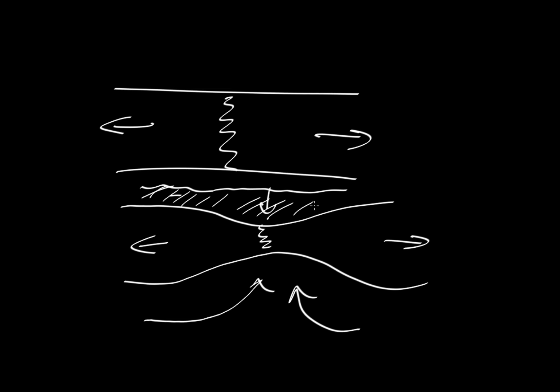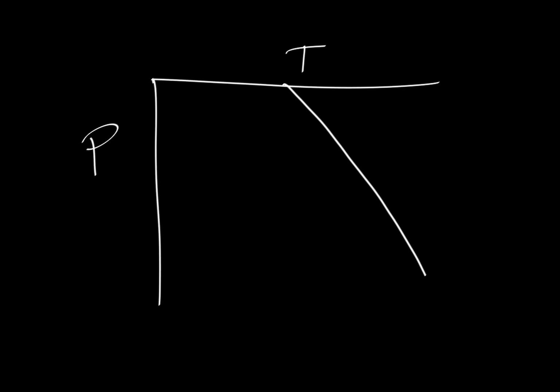If we have lithosphere that is being thinned, then let's take a look at what happens in a cross-section of temperature versus pressure. If this is the mantle solidus as here, and let's say we have a geotherm that looks something like this, maybe the initial geotherm is going to be such that it never crosses the solidus.